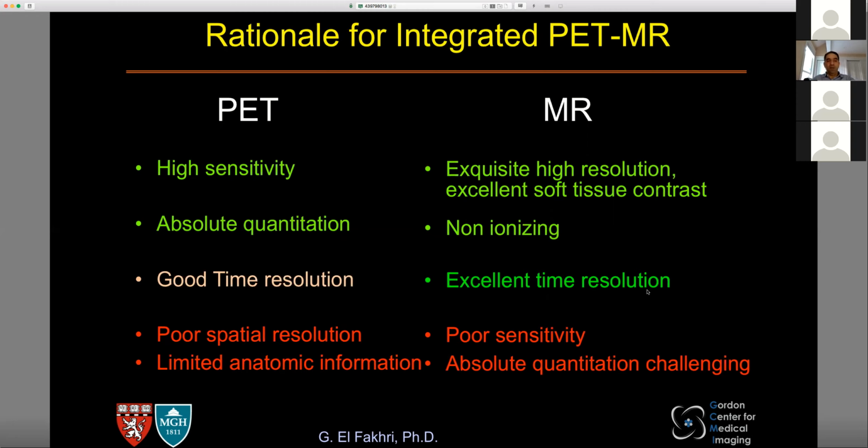What would that buy us? Well, that would buy you a lot of things, because your PET system is highly sensitive. It can detect very small amounts of activity, of concentrations, whereas your MR system is a lot less sensitive. But your MR system is non-ionizing, and it has a very good timing resolution and a very good soft tissue contrast, something your CT doesn't have. So if you had your PET and your MR together, you would have the best of both worlds.